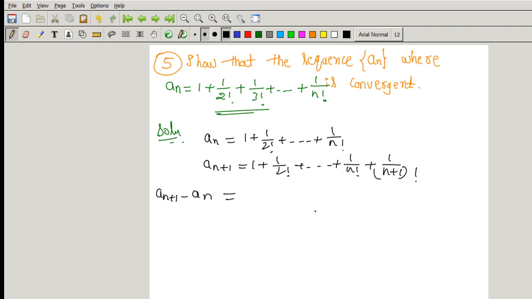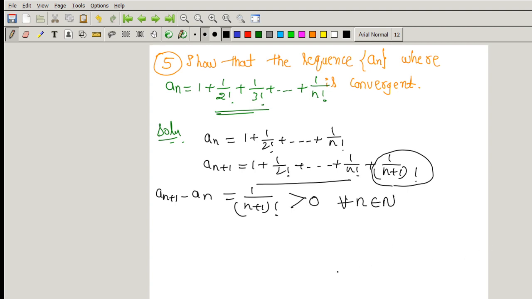In this term minus this term, every term cancels. We are left with only 1 by (n+1) factorial. And this is always greater than 0 for all n belonging to the natural numbers. 1 by 2 factorial is always greater than 0, 1 by 3 factorial is always greater than 0.